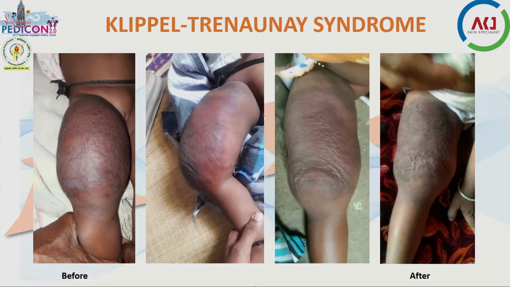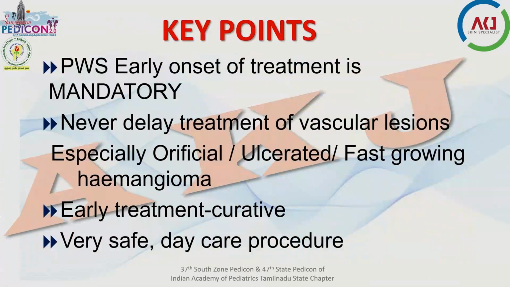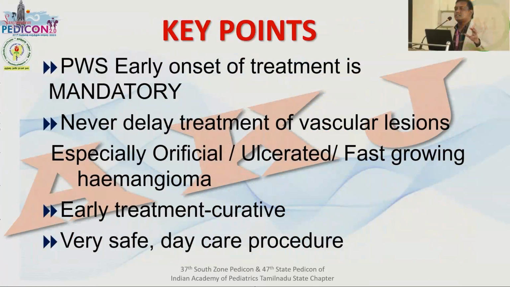So this is the information I would like to pass on to the senior colleagues, pediatricians here: do not discard any red-looking lesions. Just divide them into 2 categories. On one side, you're looking at a vascular tumor, which is a clonal proliferation. On the other hand, you're looking at a capillary malformation, which is a low-flow vascular malformation.